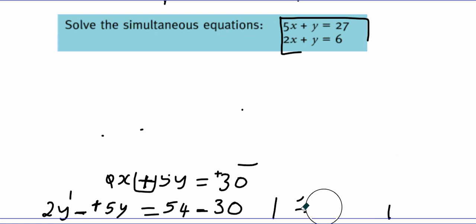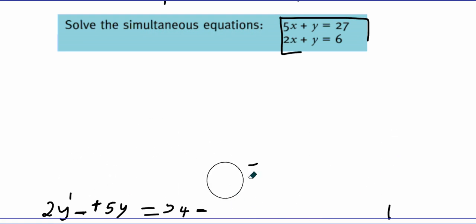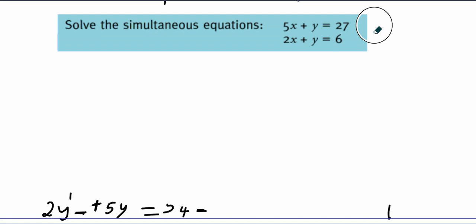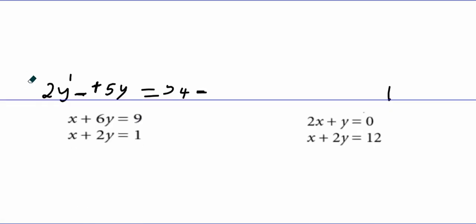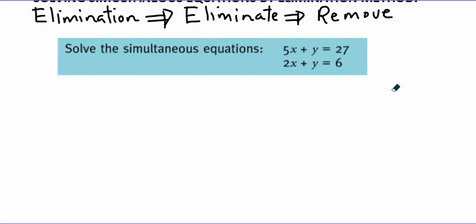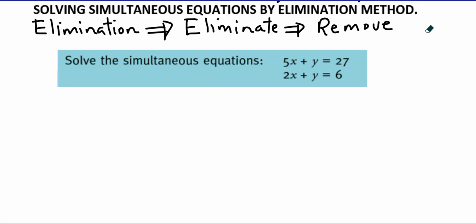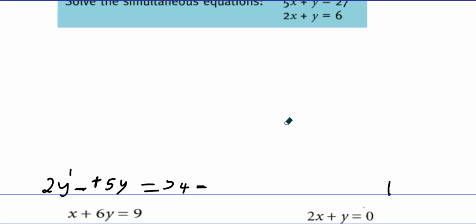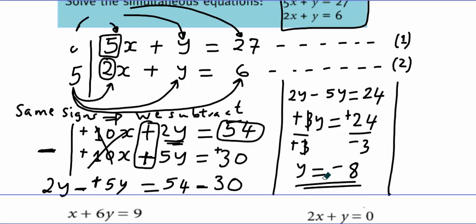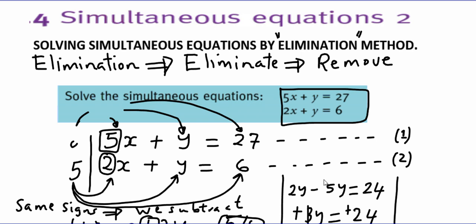But I want to continue with the same concept of the elimination method, where we remove one letter to get the other letter. So I got the value of y, y equals negative 8.